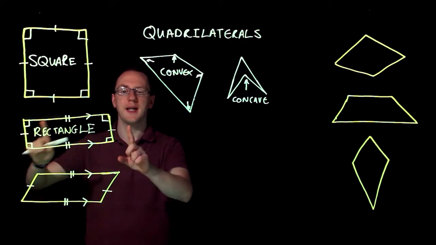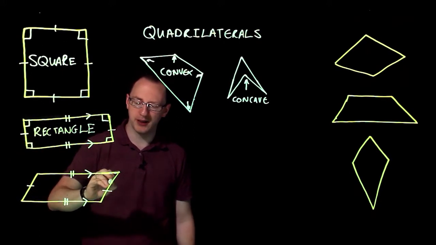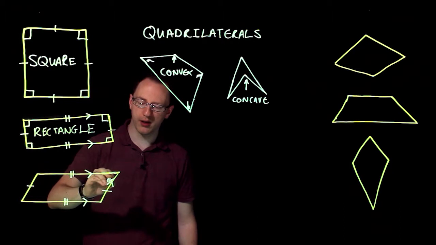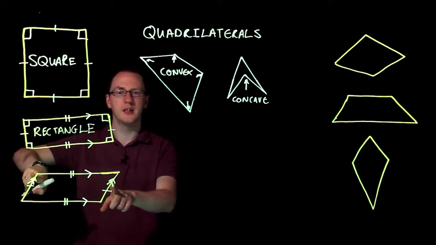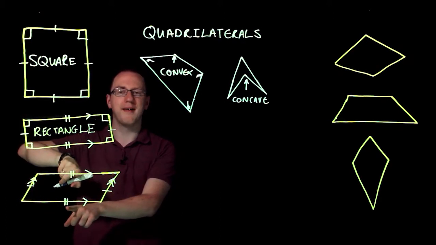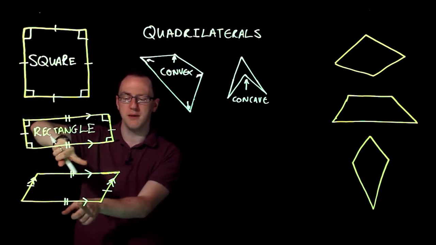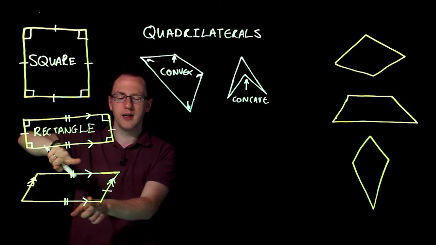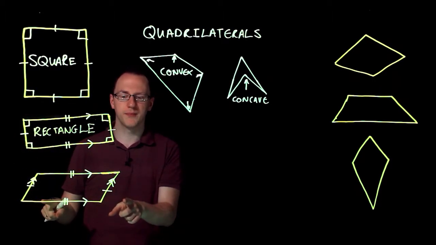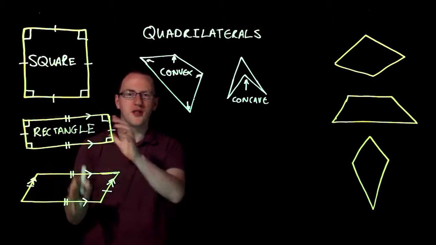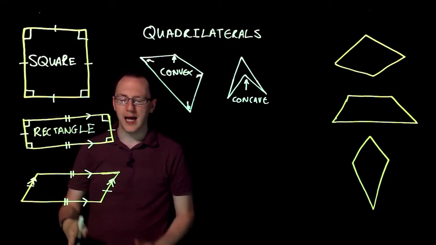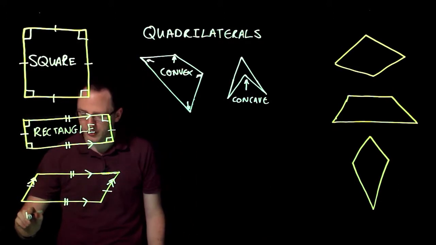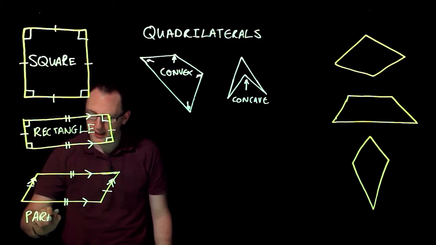And the left and right are also parallel to each other. But the left and right, although they're parallel to each other, they're not parallel to the top and bottom. So I can see I've marked it with a single arrow here and a double arrow here. Now this could be twisted around in some other orientation, but these are the features we're trying to find, and that would define a parallelogram.